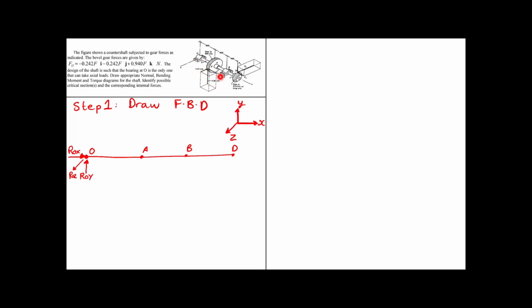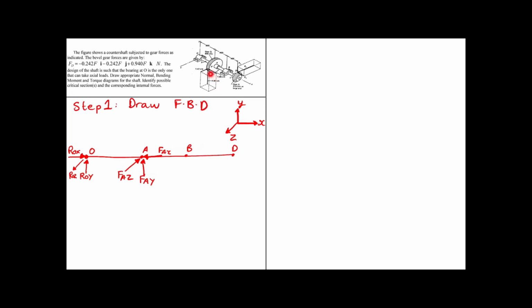So this will be negative, this will be negative and this will be positive. So FAX, let's mention it as FAX, it is this way, which is negative direction. FAY is positive, and FAZ is the other way, so this way, FAZ.